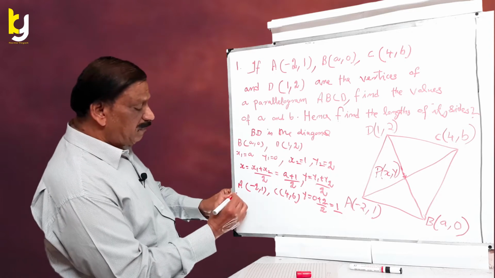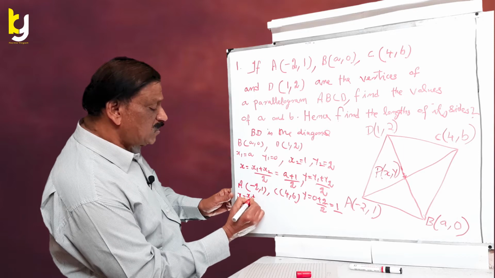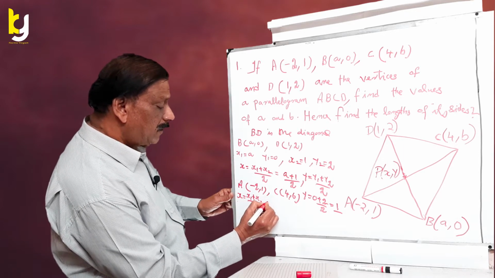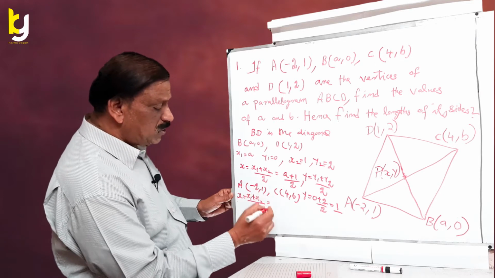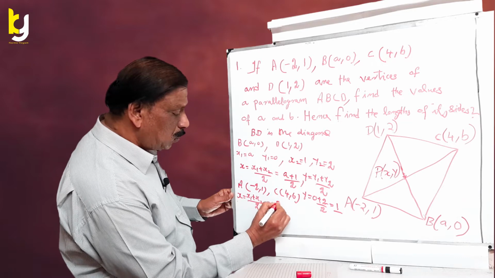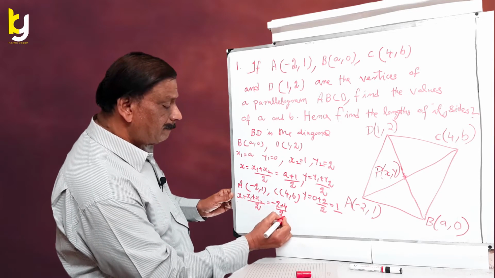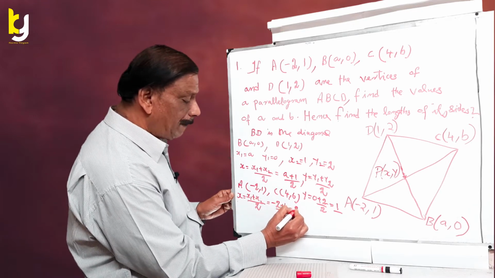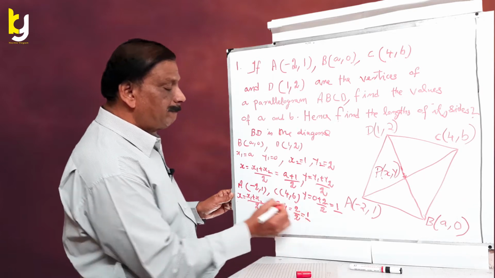Therefore, x is given by the formula (x1 + x2)/2, where x1 is -2 and x2 is 4. So (-2 + 4)/2, that is 2/2, which is equal to 1.